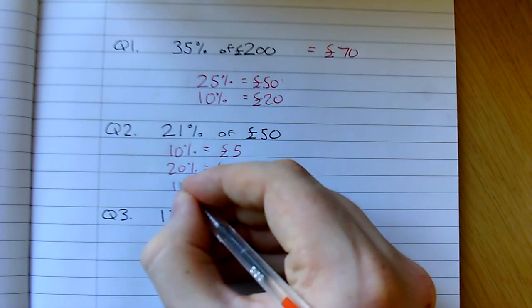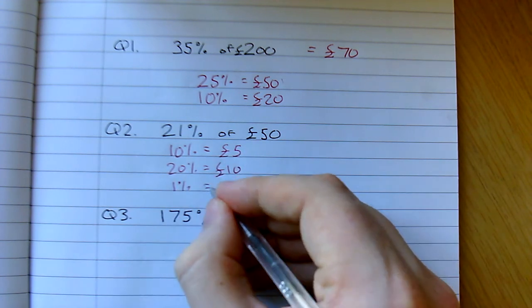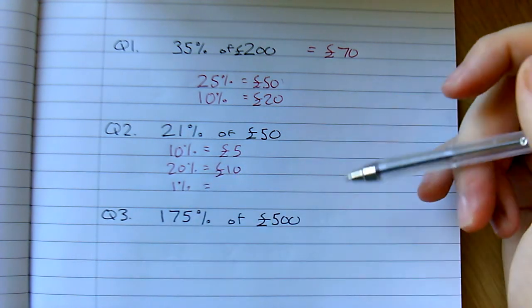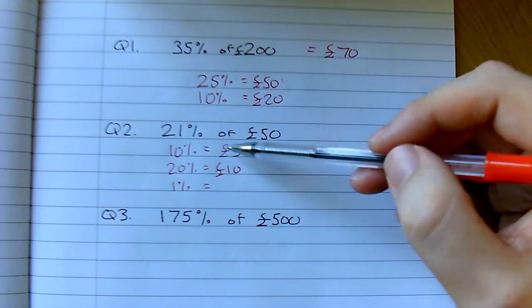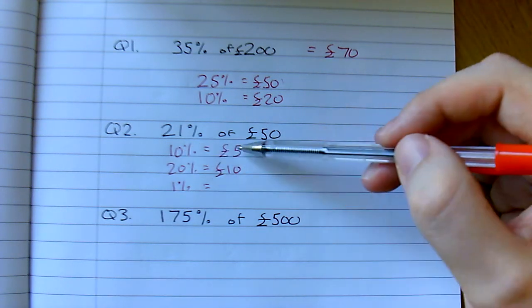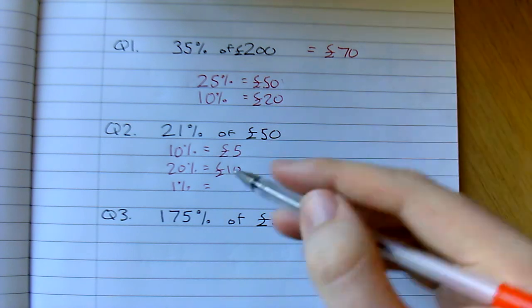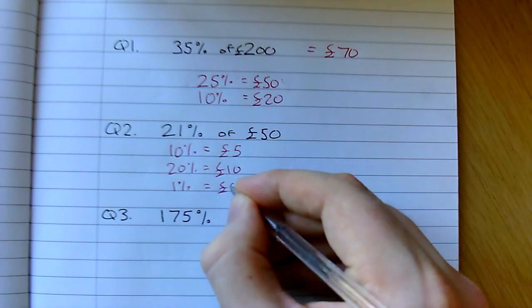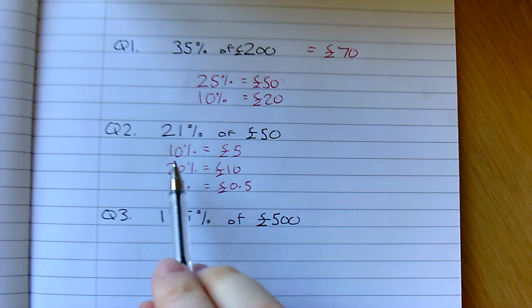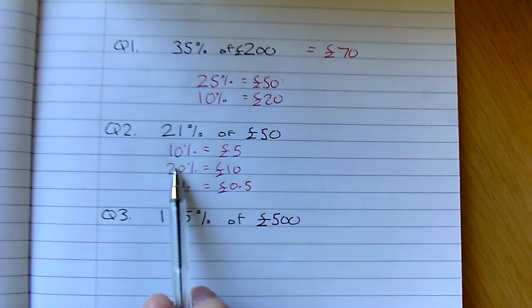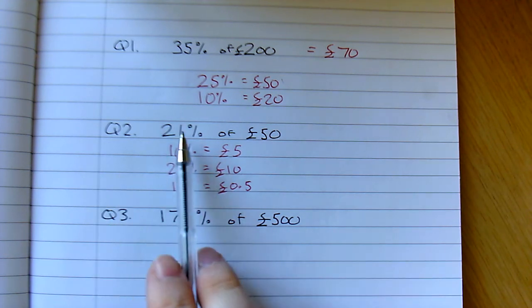And my last bit, I need to find 1%. Now, I'm going to do 50 divided by 100, which is 0.5. Alternatively, I could have done 10% divided by 10, or 5 divided by 10, which is also 0.5. Now, if I add this up, I only want to add the 20% and the 1%, which is 21%.